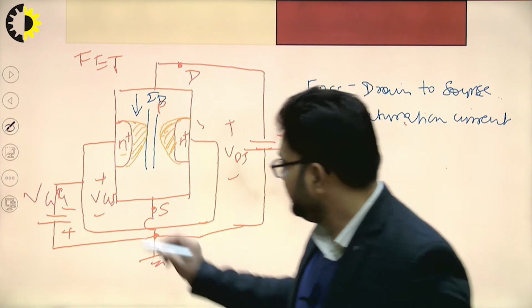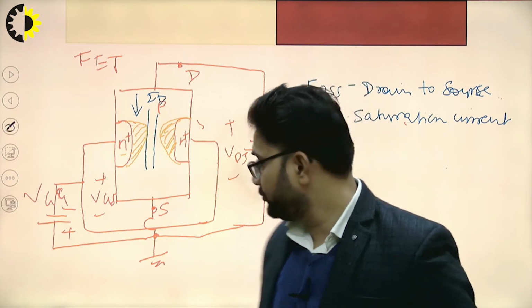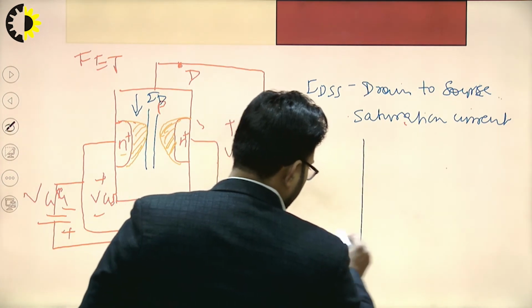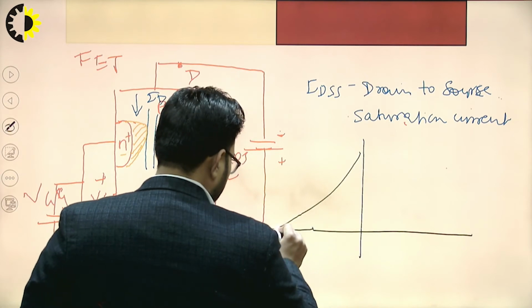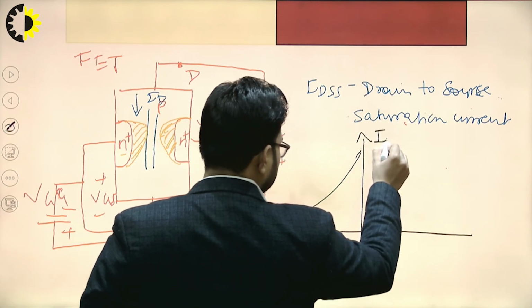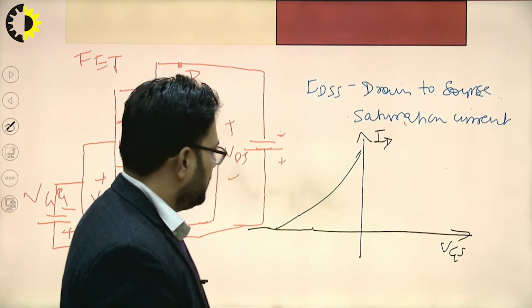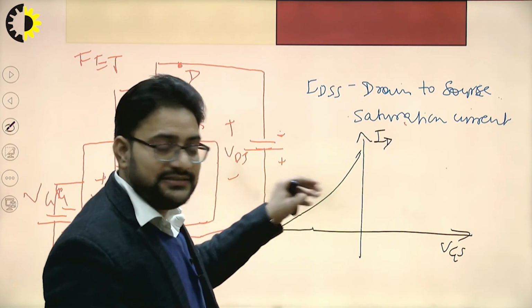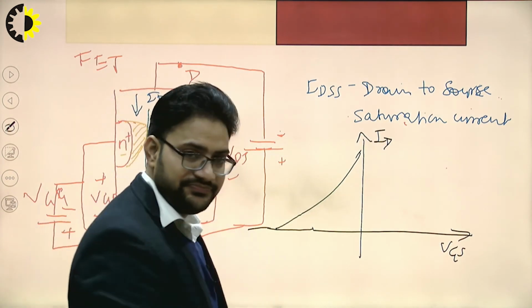If we see the gate characteristics, sorry, the input characteristics, they will look like this, where negative VGS is applied. This is the IV characteristic. If you see carefully, ID is decreasing if I increase the value of negative VGS.